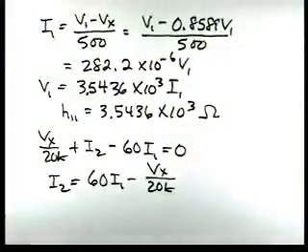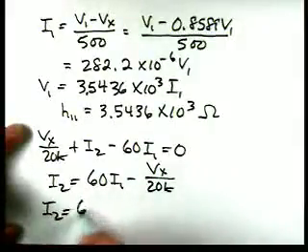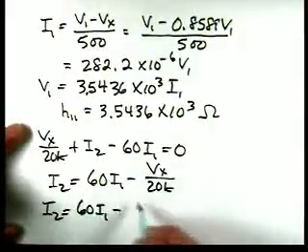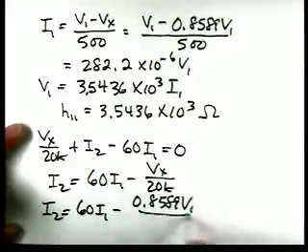And now we need to make the substitutions. So we have I2 is 60 I1 minus 0.8589 V1 over 20K.